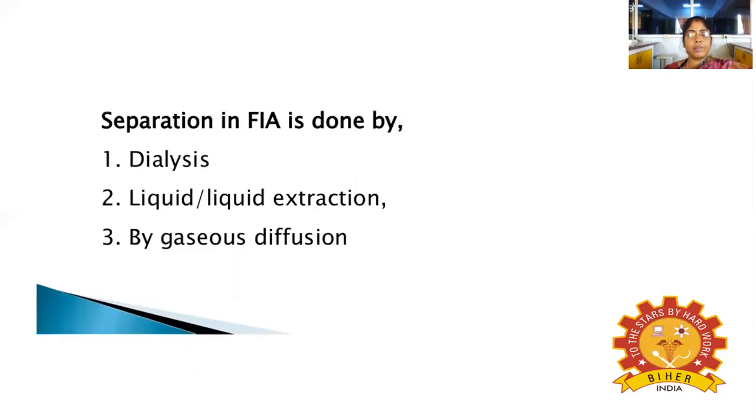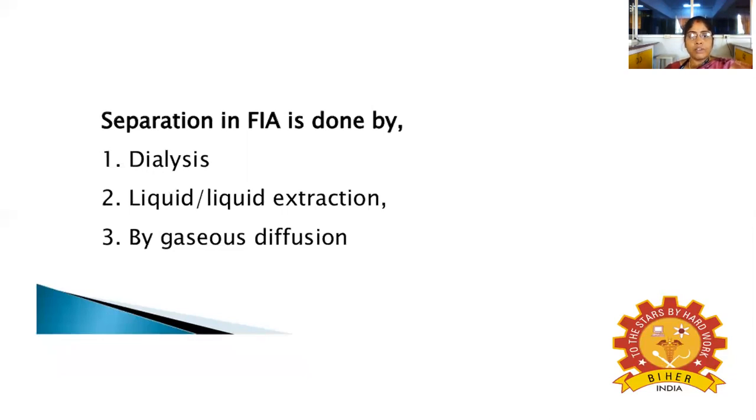So once a chemical analysis has been done, how can this product be purified? This product can be purified by one of three techniques. One is dialysis, then the extraction method, then gaseous diffusion, so that the liquid can be evaporated, making the solid form of the product.